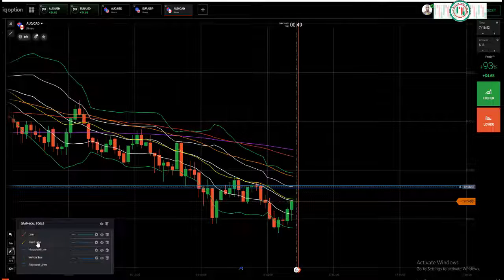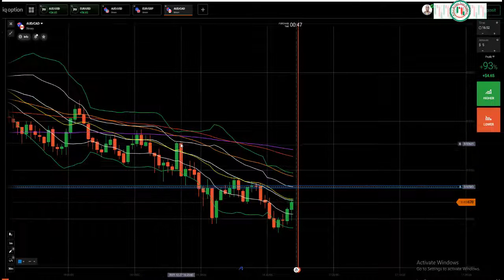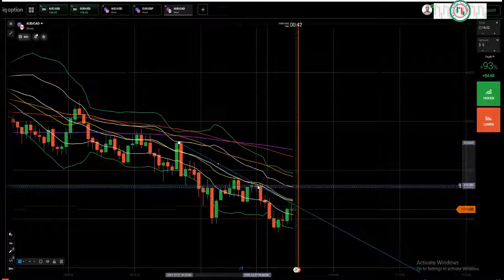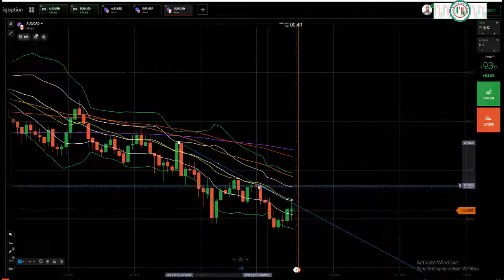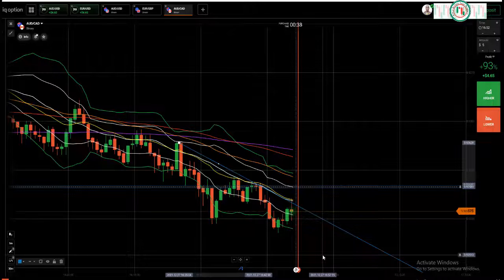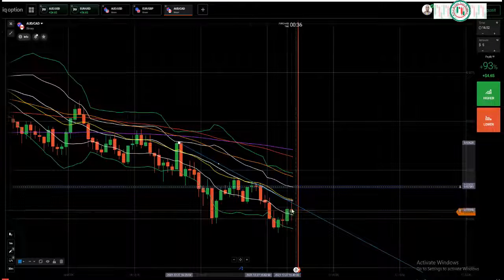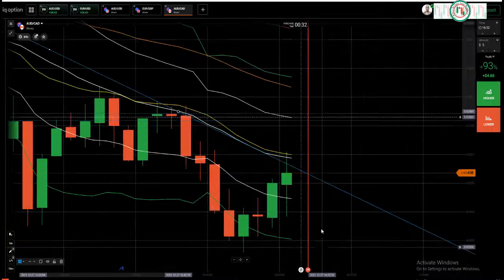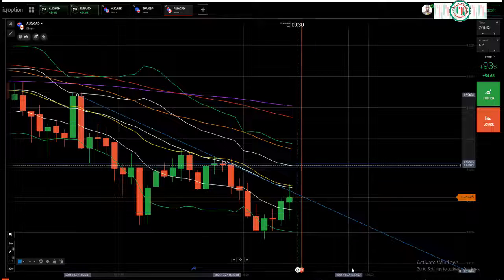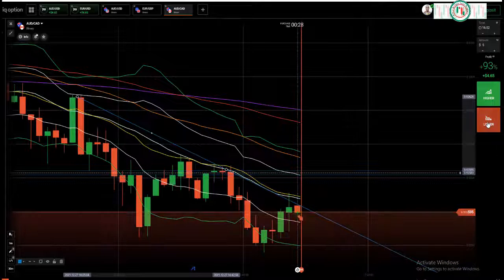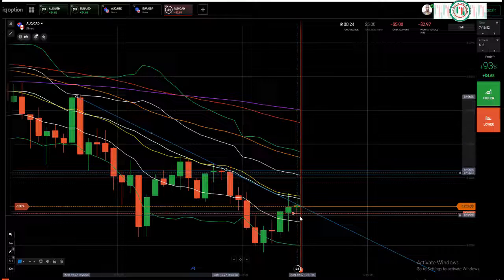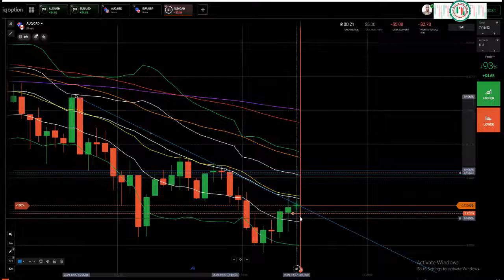Let me see this trend line. So maybe here, yes, I will get an opportunity here. If this candle reaches this level, I can place a put option to market. Yes, I got it. Wow, bad entry, but no problem.